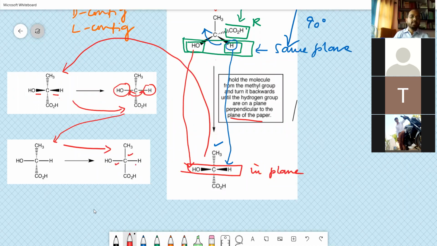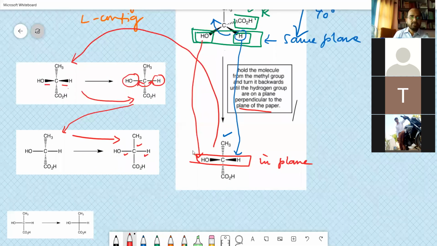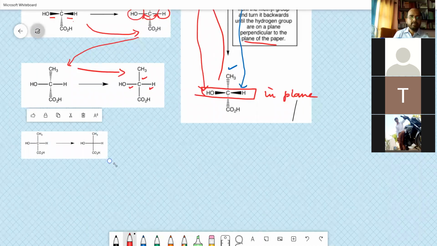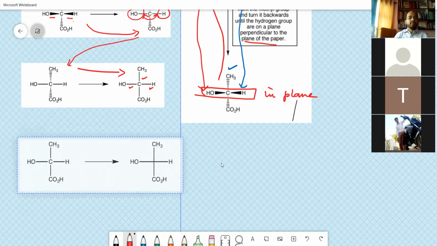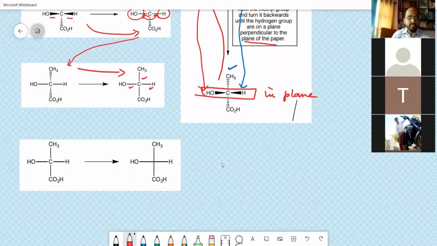Simple plane. Okay. So I will tell another simple method of doing it. Here it is. Structure 4. Same structure here.